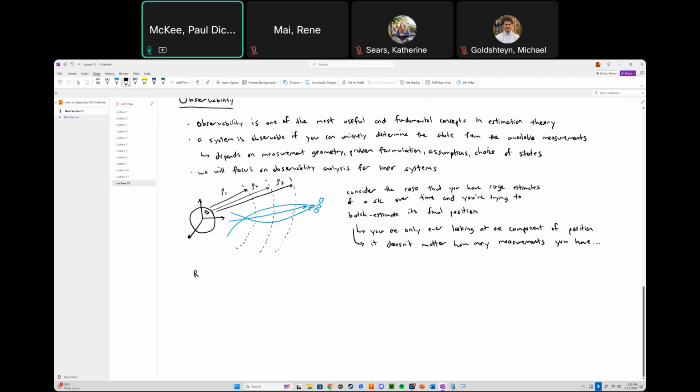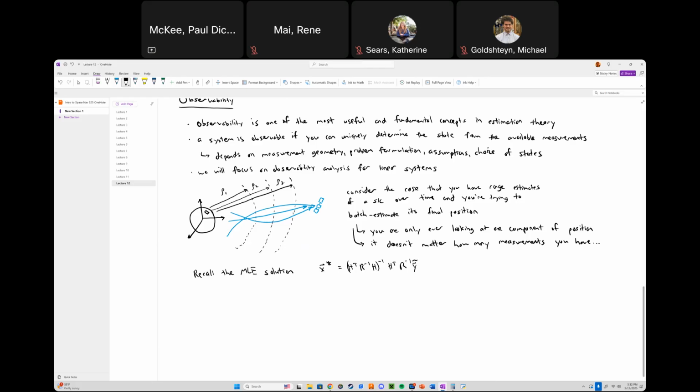So let's go back to the math. Recall the maximum likelihood estimation solution, or MLE solution. X star is equal to, remember, it's H transpose R inverse H, all of that inverse, H transpose R inverse measurement vector.